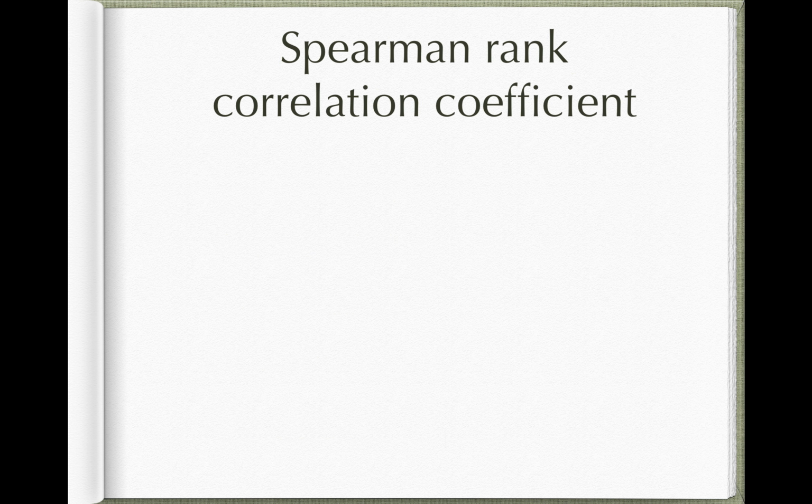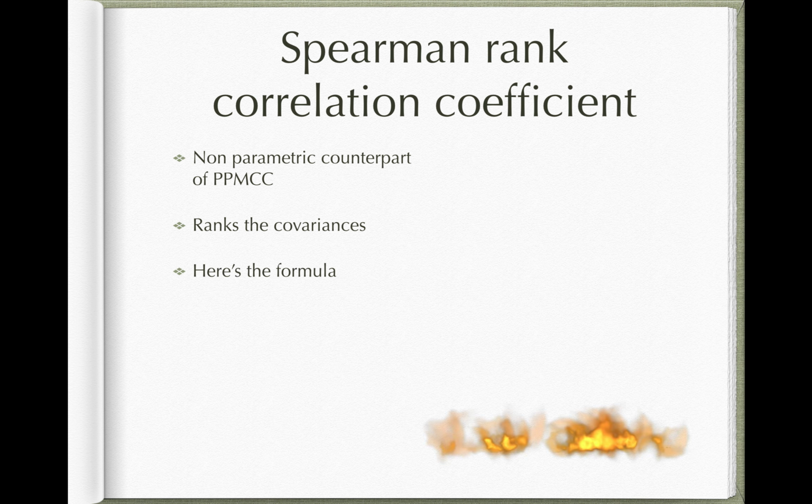Now we'll talk a little bit about the Spearman rank correlation coefficient. It's a non-parametric counterpart of the Pearson product moment correlation coefficient. The difference is that Spearman ranks the data, and it uses the rank differences instead of the actual scores, as most non-parametric tests do. So here's the formula.